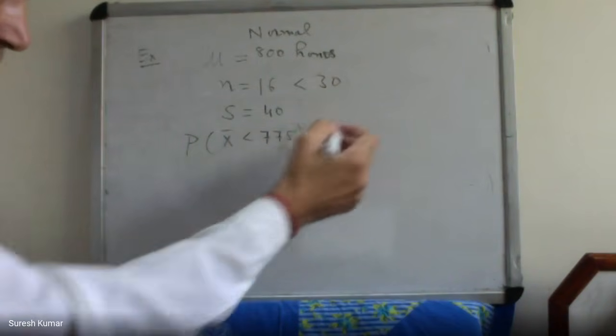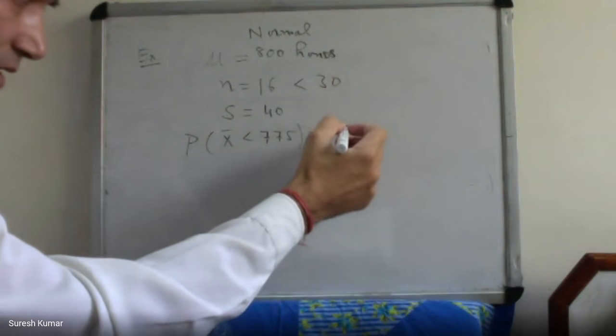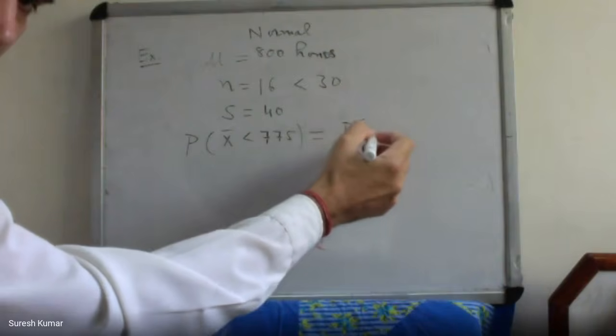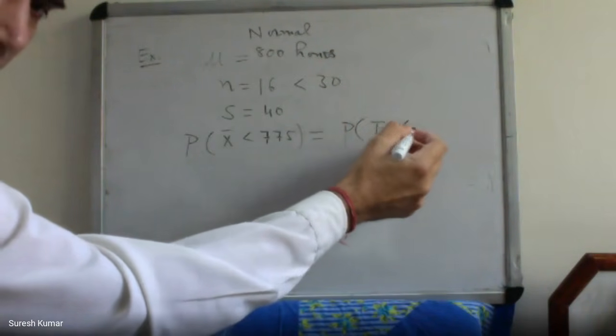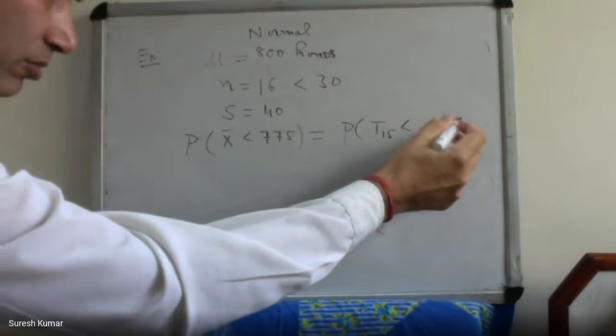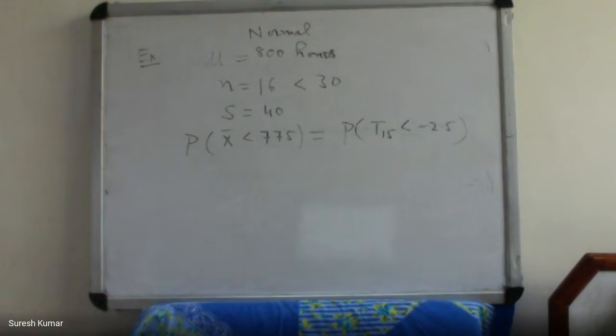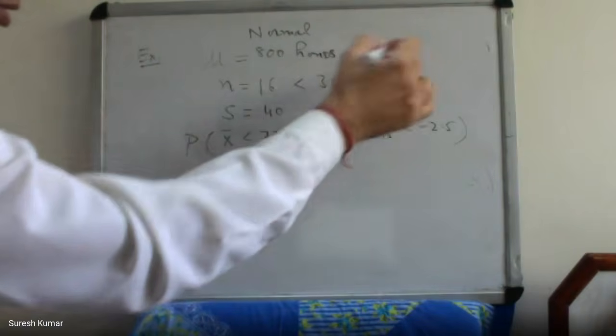So if you change x bar to t, how it reads? It reads t15 less than minus 2.5. Recall that relation.